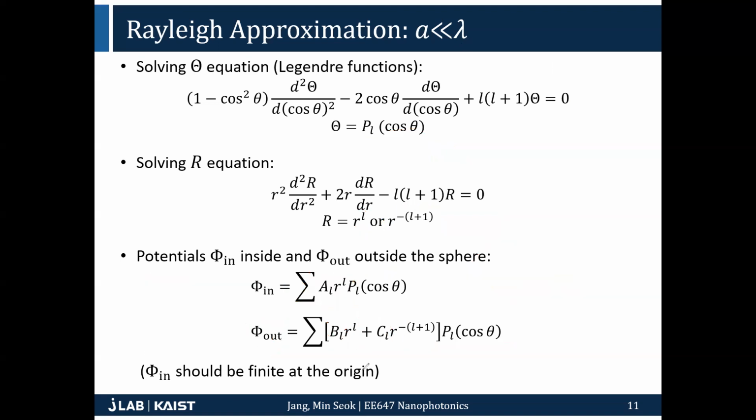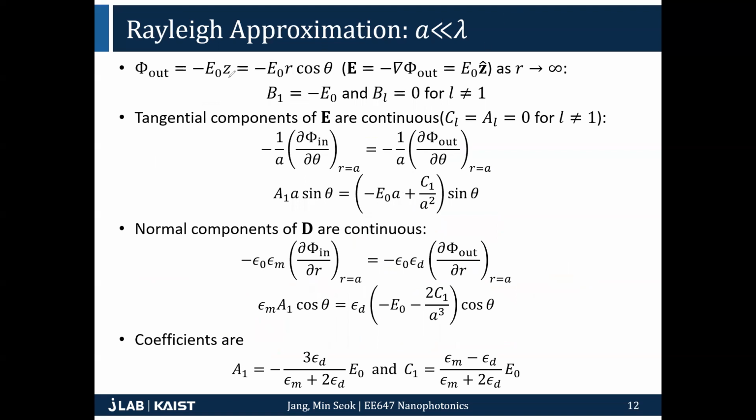And so, now if you look at the outside field, let's say this is the particle, and this is your Z. What we know is that when R goes to infinity, when our position is very, very far from the particle, then E must be equal to E0 along the Z direction.